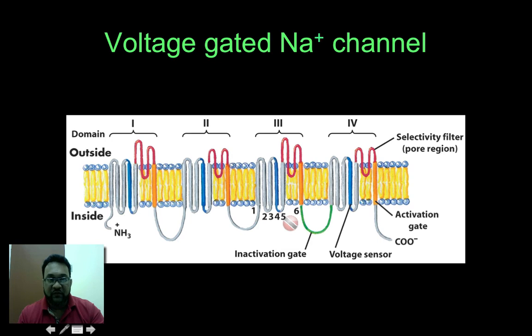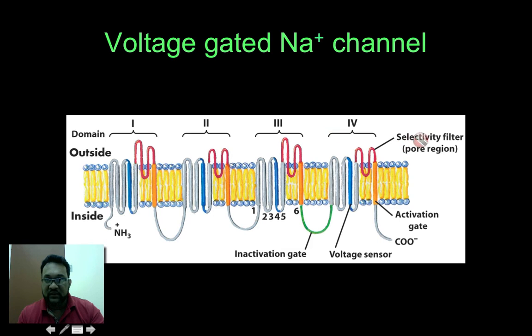So in each of the 4 domains, the 4th helix, helix 4, is part of the voltage sensor. Now another thing that is color-coded is the activation gate. And you see that is helix 6 on each of the domains. So on each domain, helix 6 will make up the activation gate.